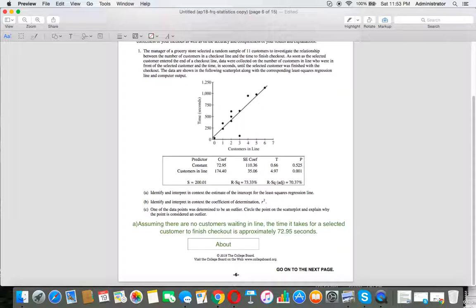So we would say about 73.33% of the variation in time, seconds, is accounted for by the linear model relating the time in seconds to the customers in line. Okay, so this is for part B.